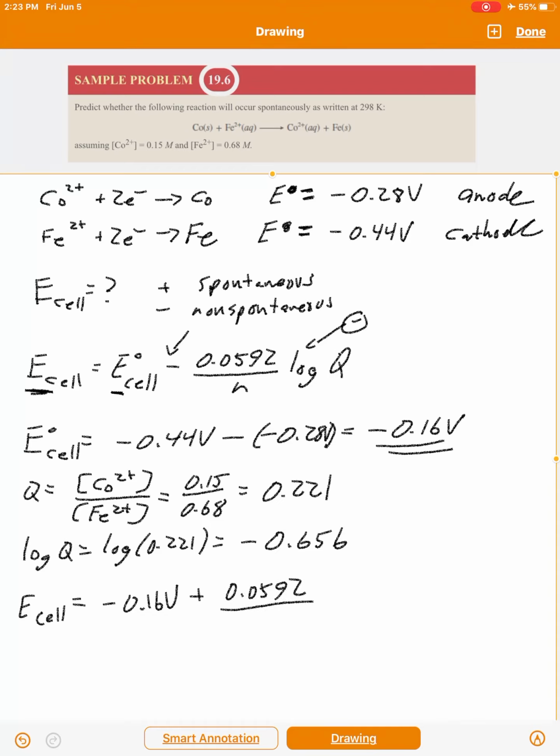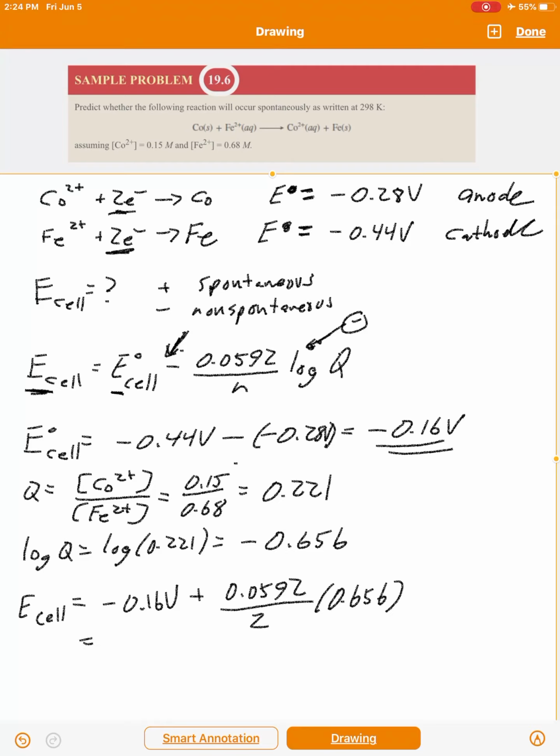Now let's figure out what n is. That's easy. Both of these have the same number of electrons, 2, so n is 2. Okay? And then log of Q we said was negative 0.656, right? See why I'm putting 0.656? The equation is minus, but this term here was minus, so minus a minus is plus. So now we've got it.